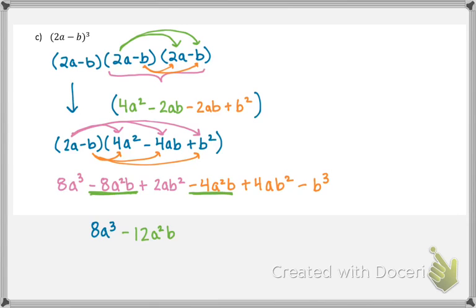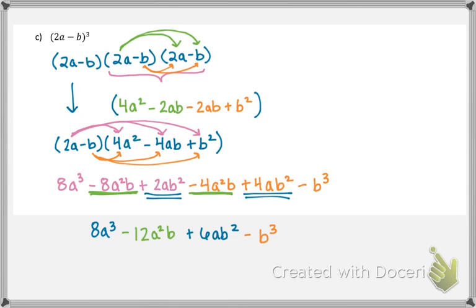And then we've got positive 2ab squared and positive 4ab squared. That's going to give me 6ab squared. And then finally we've got this negative b cubed that I can't combine with anything. So 8a cubed minus 12a squared b plus 6ab squared minus b cubed.